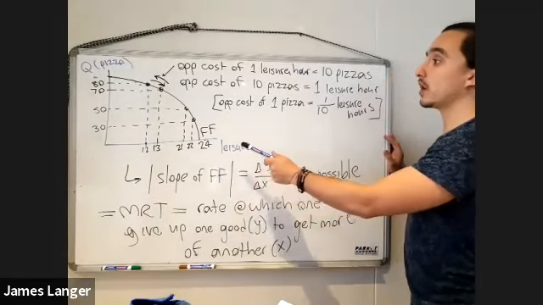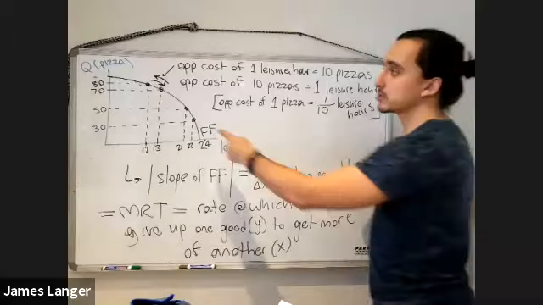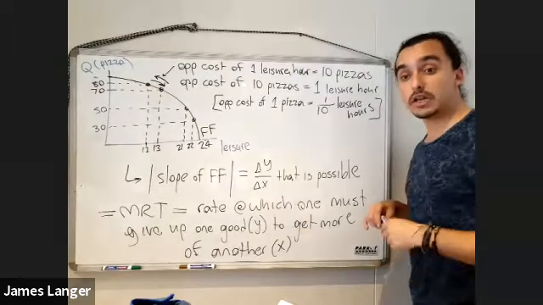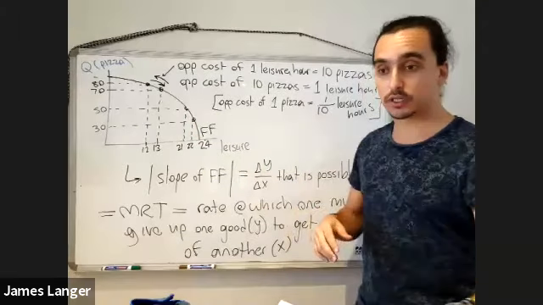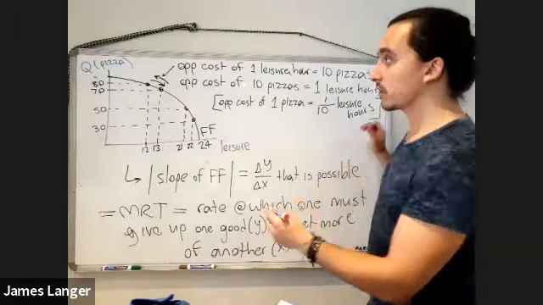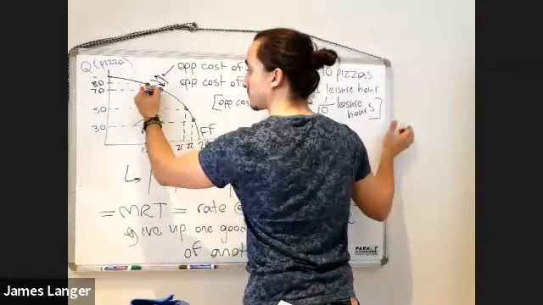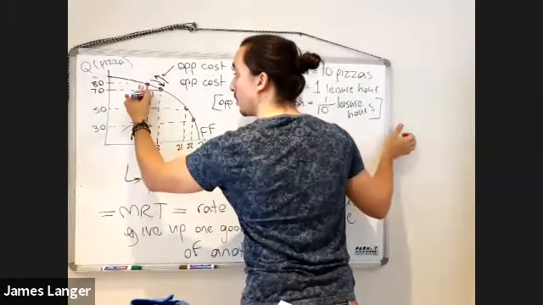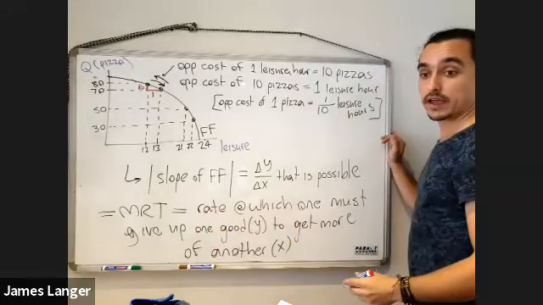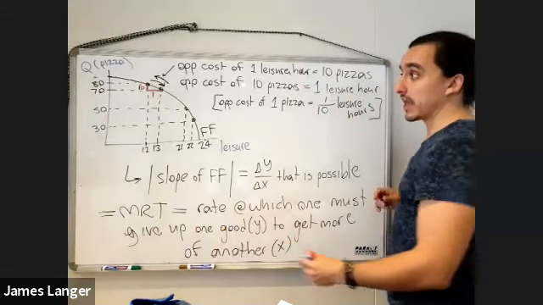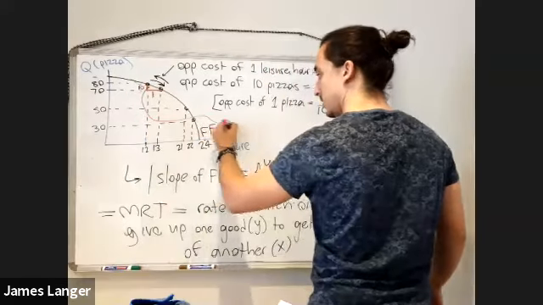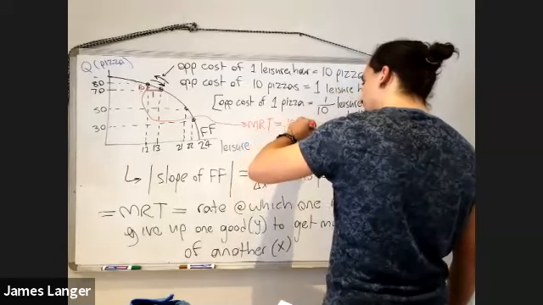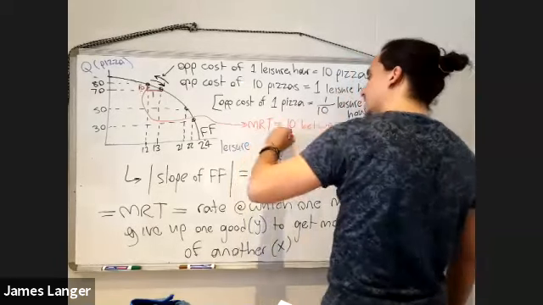Okay, so what is going to be my MRT at this point? Anyone? What is the MRT equal to between these 2 points? It's 10, because we go 10 over 1. So the MRT here equals 10 between these points.